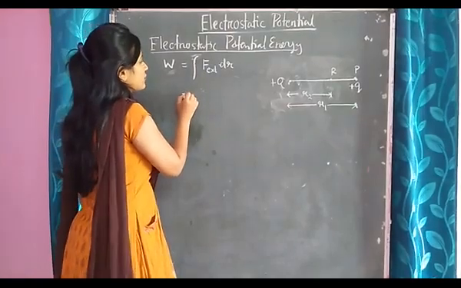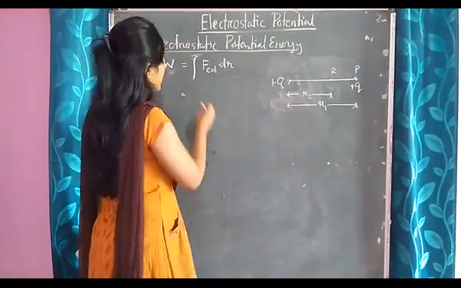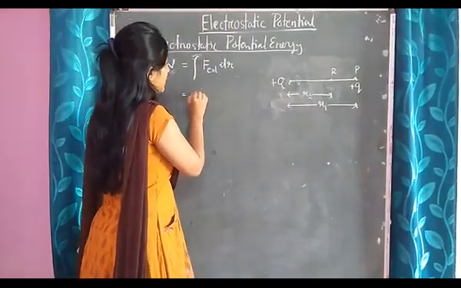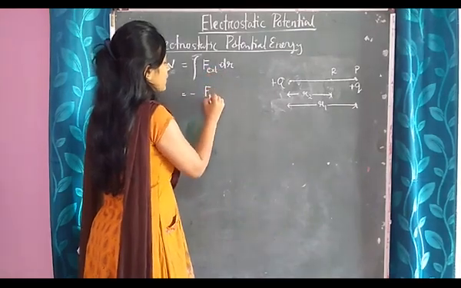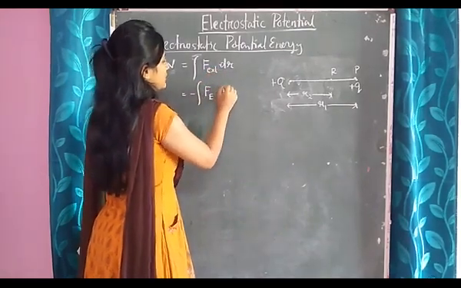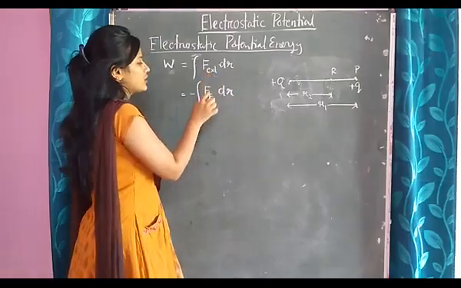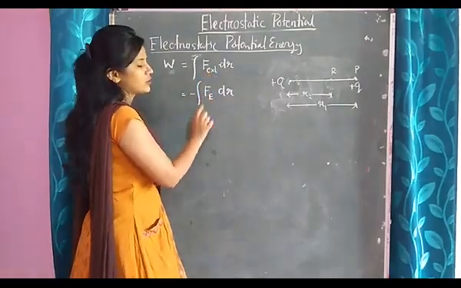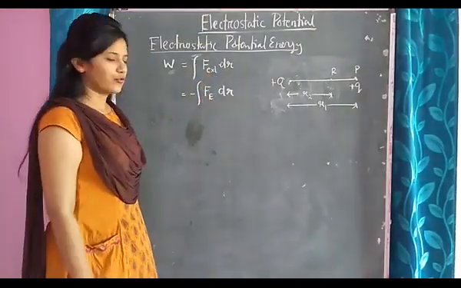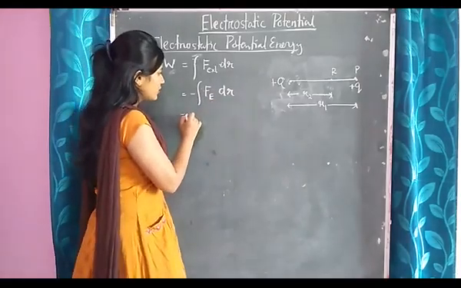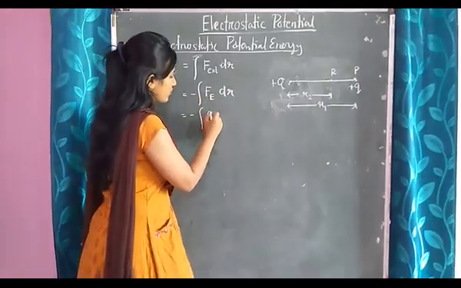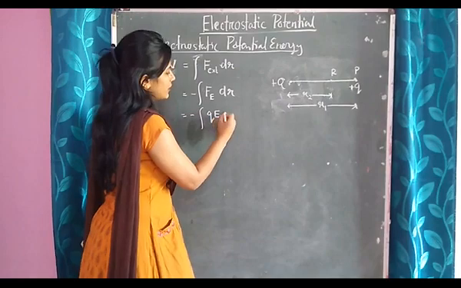In place of F external I can write minus of Fe, since F external must be equal and opposite to the electrostatic force. Again we know that Fe is equal to qE.